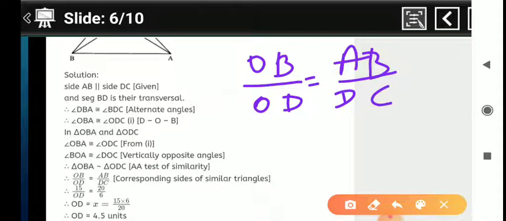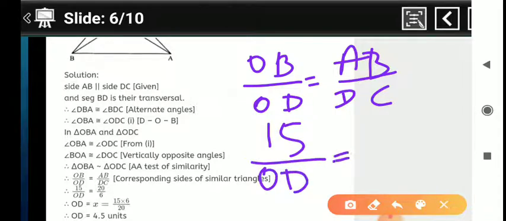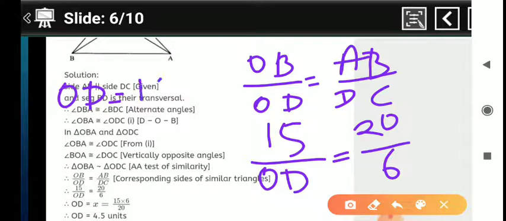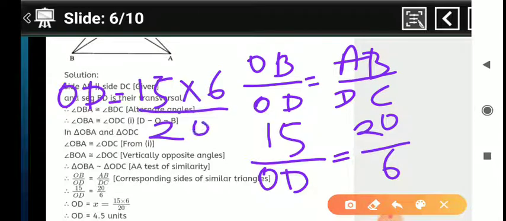Now put the values from the question. OB is 15, so 15 upon OD, which we have to find, is equal to AB 20 upon DC 6. Now calculate OD: OD is equal to 15 into 6 divided by 20.